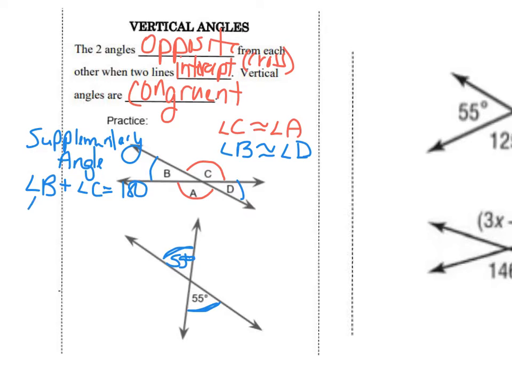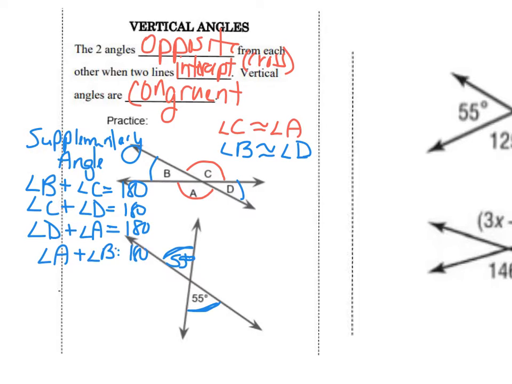I also know that angle C plus angle D will equal 180 degrees. Angle D plus angle A will equal 180 degrees. And then angle A and angle B will equal 180 degrees. So if you notice, you do have supplementary angles all around.